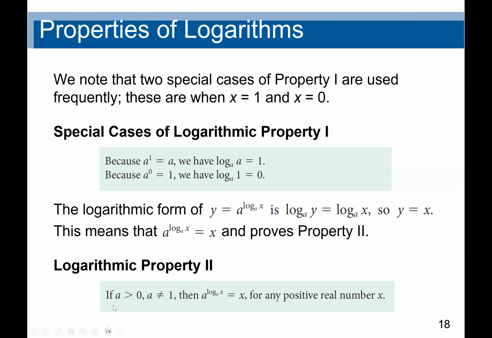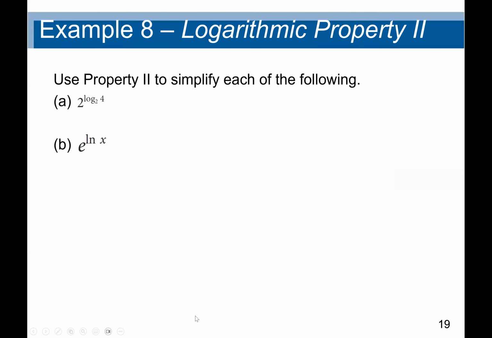It says if we have a greater than 0 and a not equal to 1, then a, the base, to the power log base a of x is the same as x. So again, a to the power log base a of x is the same as x.